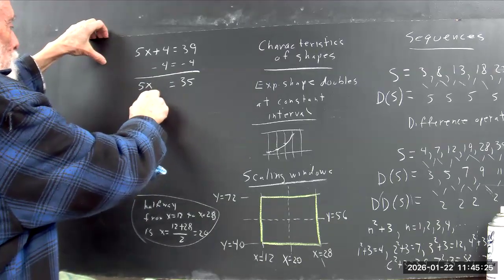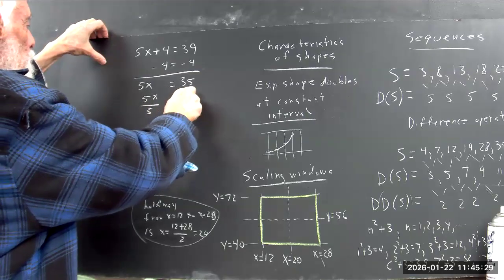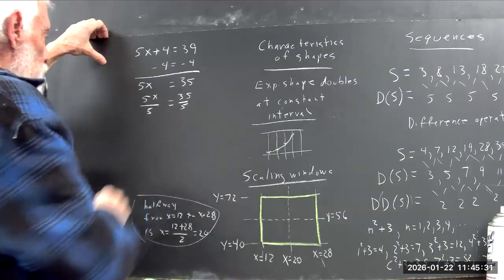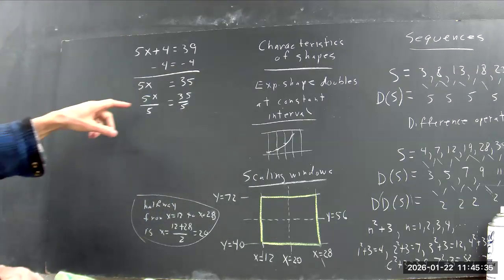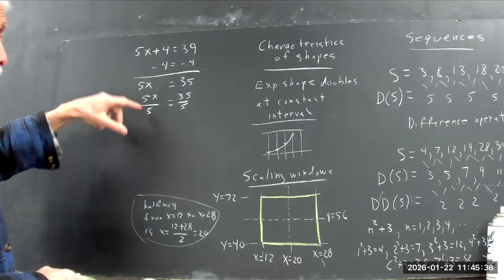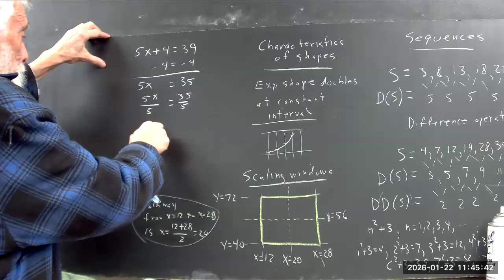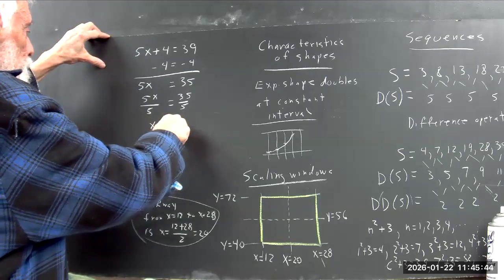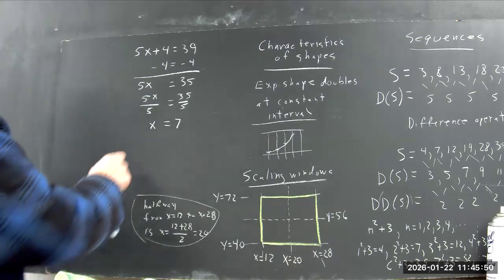I write the steps. 5x over 5 equals 35 over 5. Okay. And then the 5 here divides the 5 here because the 5 is a factor of the numerator. It is the denominator. And you get x equals 7. Okay. And then you check.